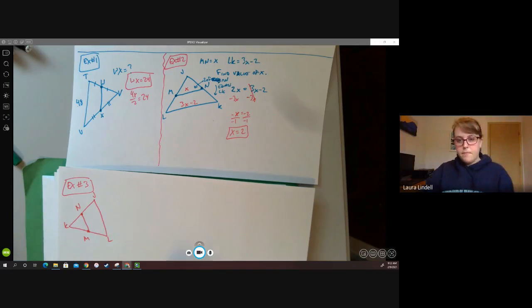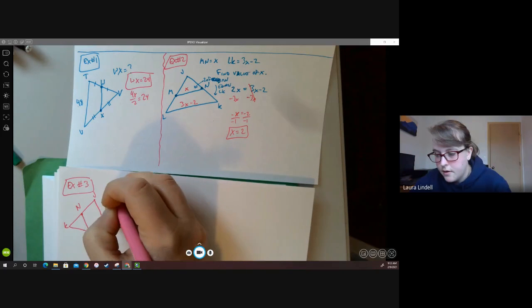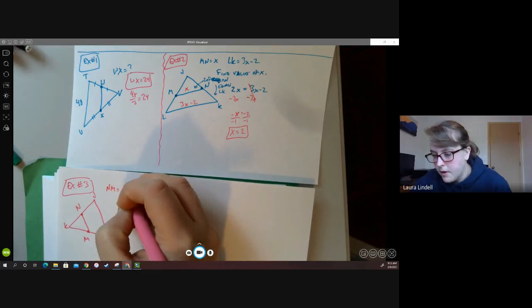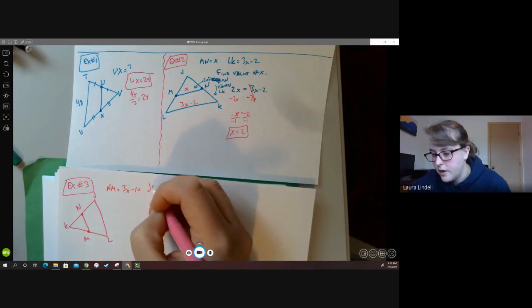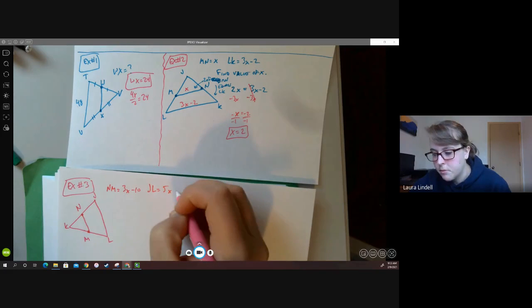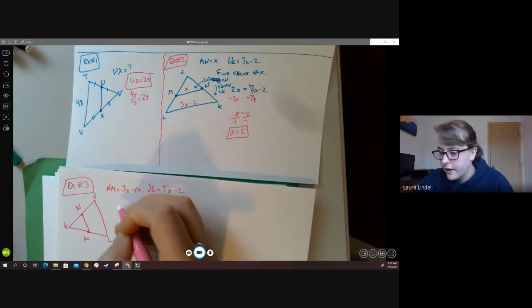There's our picture. This time we are told that NM is 3x minus 10 and JL is 5x minus 2. And we want to solve for x.